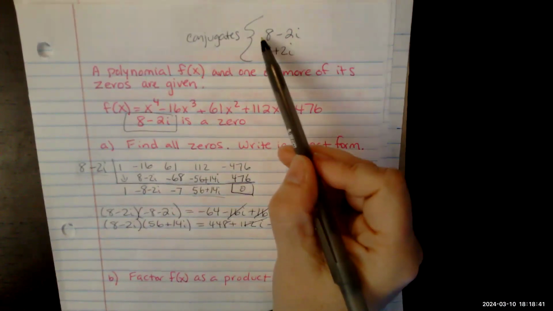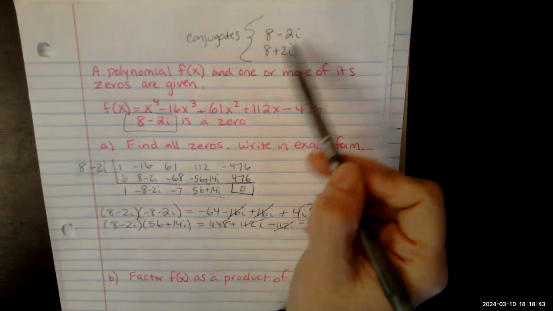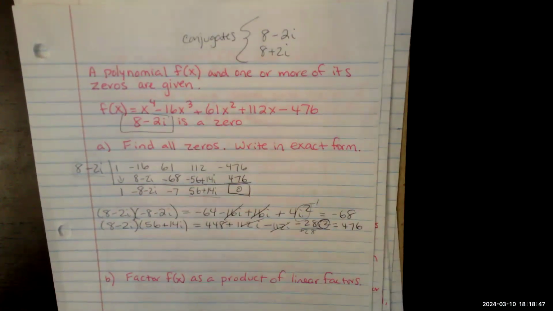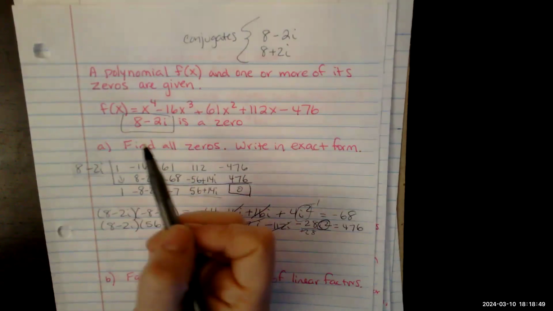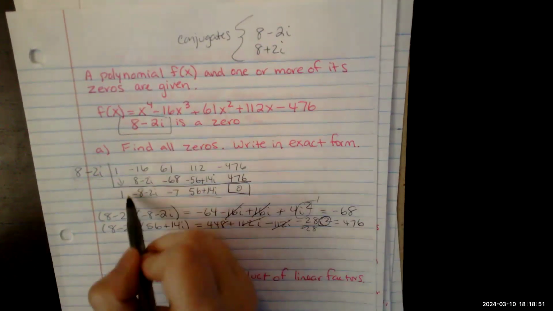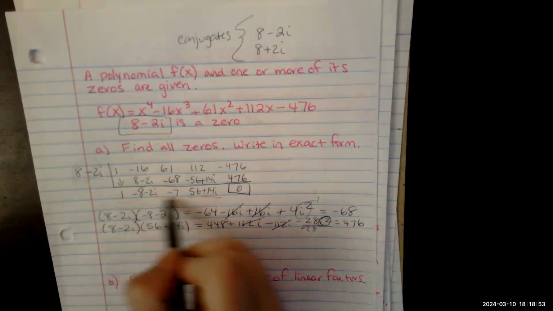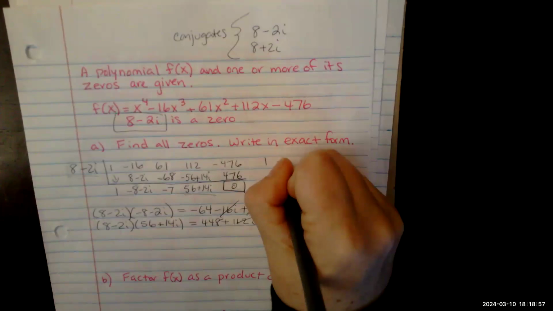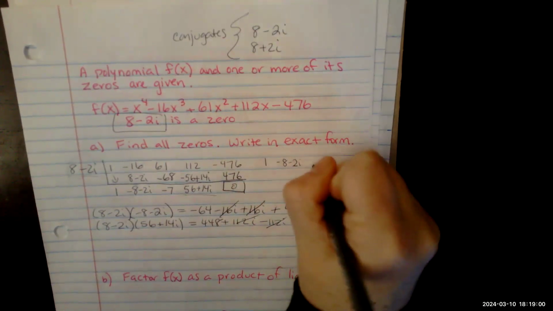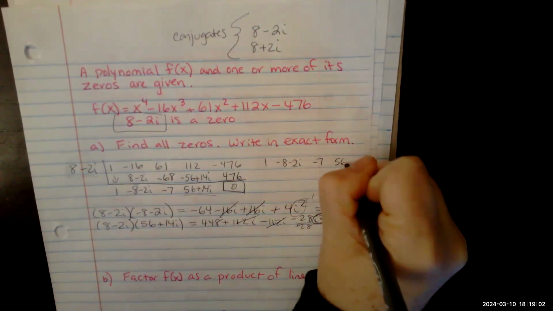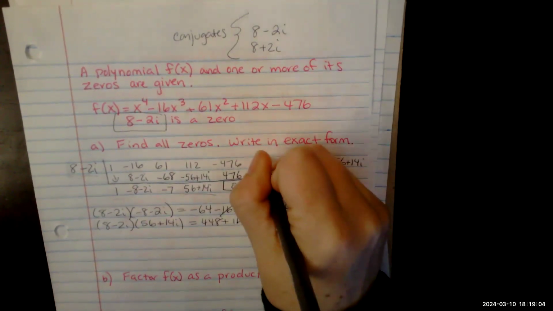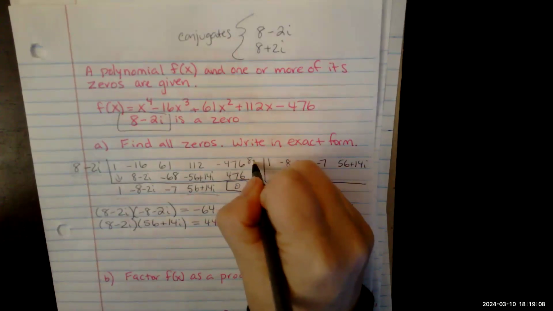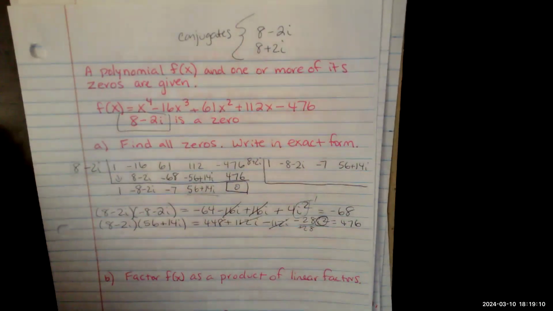What's nice about conjugates is if you multiply these two together, they will end up as one nice, pretty answer. You'll get rid of all the i's. So I know that 8 plus 2i must work also. So I'm going to start with these numbers, even though they look kind of crazy. And I'm going to divide this by 8 plus 2i.